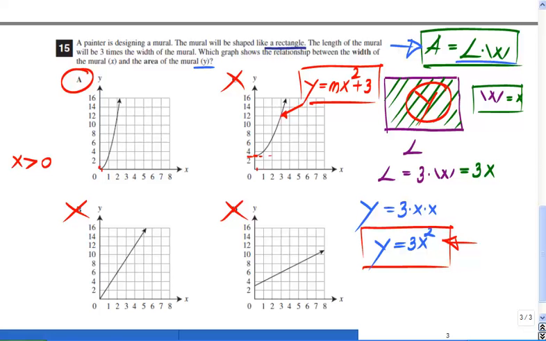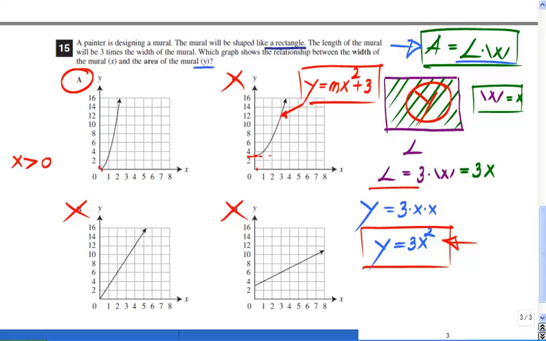I hope I have answered any questions you may have in regard to this problem, and I gave you the explanation and the mathematical reason why A is the right answer. So remember: draw, put that rectangle in front of you on the piece of paper. Remember the formula for the area of that rectangle.